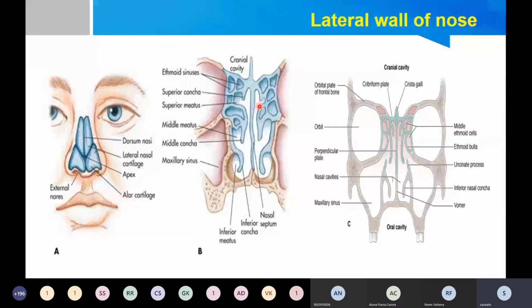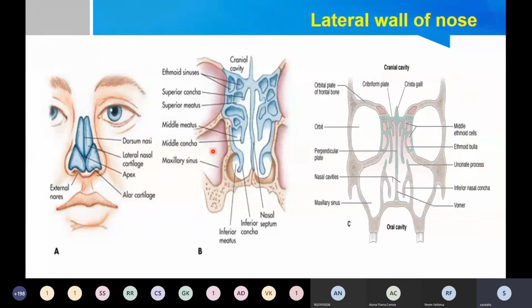And a word about the paranasal air sinuses. Paranasal means next to the nasal cavity there are air-filled spaces. Those are called the paranasal air sinuses. It will be dealt with in detail in the next class.